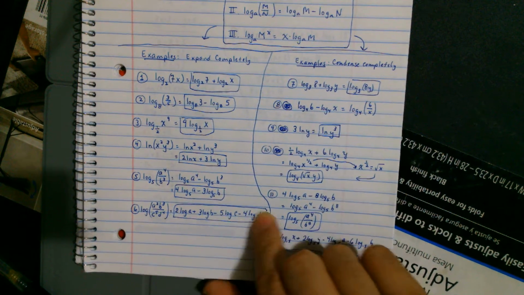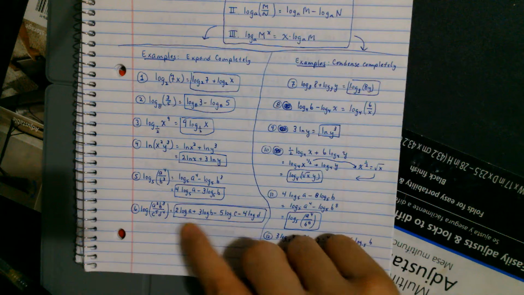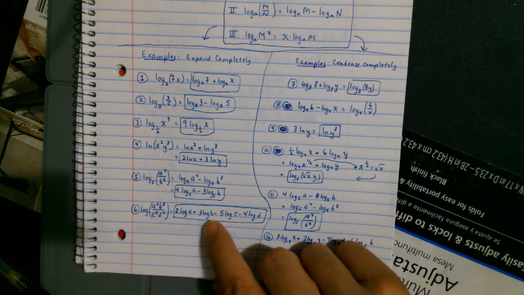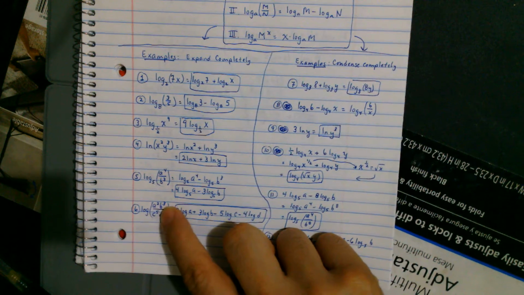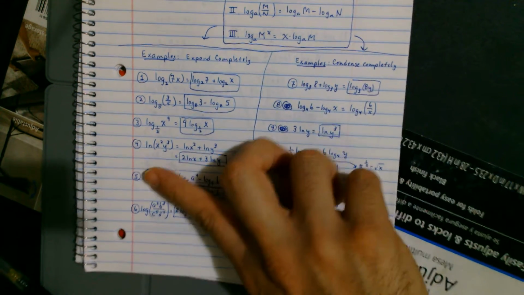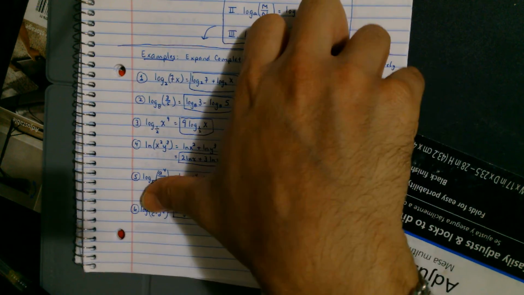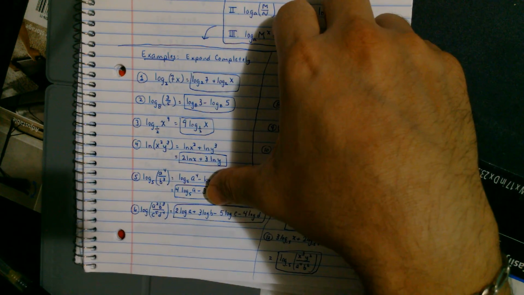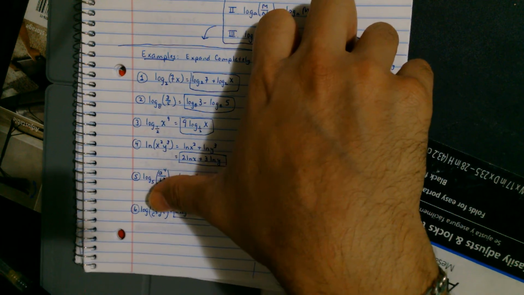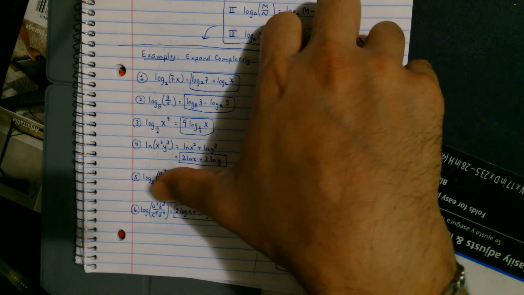For this one, I did it in one step because the bottom is divided. So the bottom, you see how the C and the D, because they're getting divided, they get subtracted. Division goes to subtraction. The numerator, the stuff on top, is multiplied, so that's addition. The denominator, stuff on the bottom, is divided, so minuses. So log of A plus B minus C minus D. The numbers here in front are the powers.